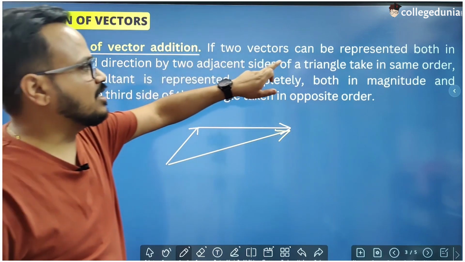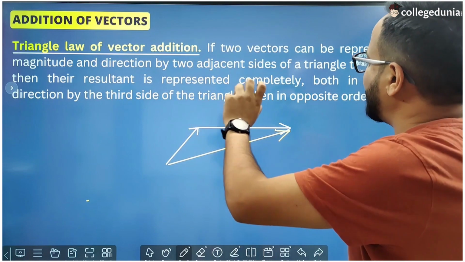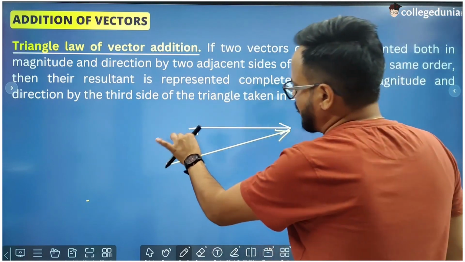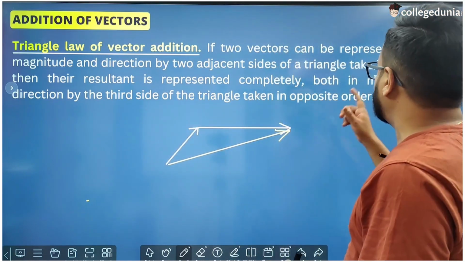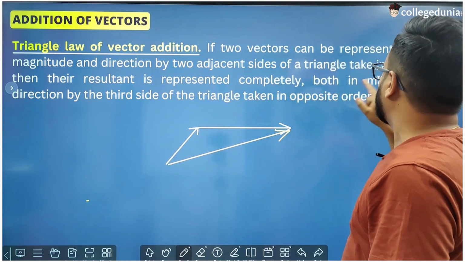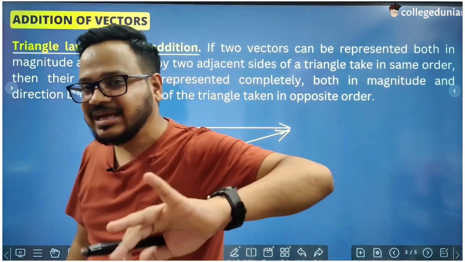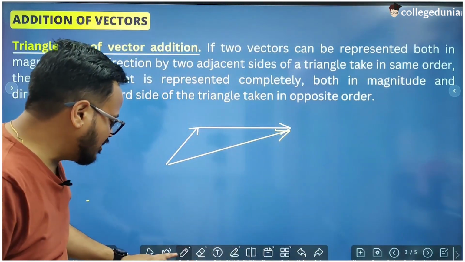So if two vectors can be represented both in magnitude and direction by two adjacent sides of a triangle, taken in the same order, then their resultant is represented completely both in magnitude and direction by the third side of the triangle taken in opposite order, right? So these are the two vectors.